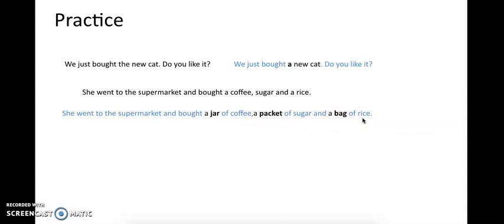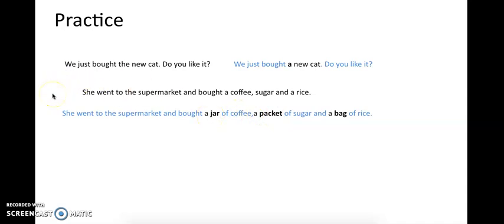Why is that? Because coffee, sugar, and rice are non-count nouns. And non-count nouns do not have any articles unless, in this case, we've added singular count nouns, which are jar, packet, and bag. These are singular count nouns.